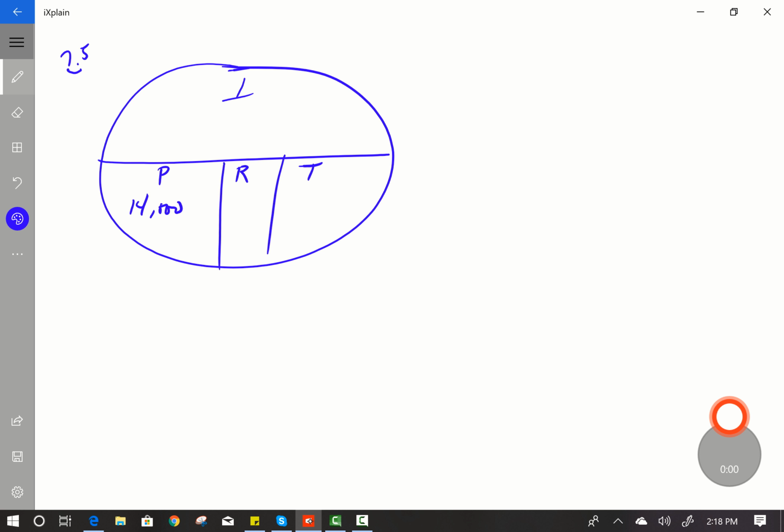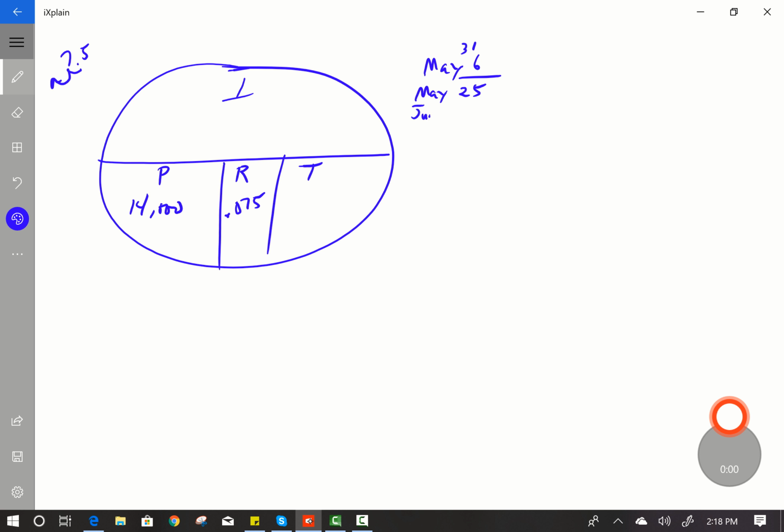Move the decimal point 2 places left to make it 0.075. And we need to calculate the number of days from May the 6th. Well, there's 31 days in May to give us the number of days remaining in May of 25 days remaining in May.